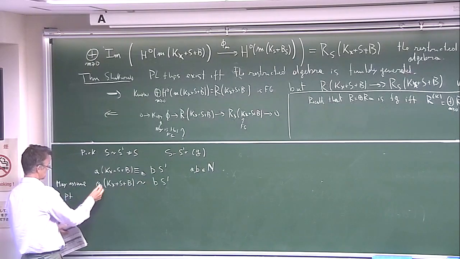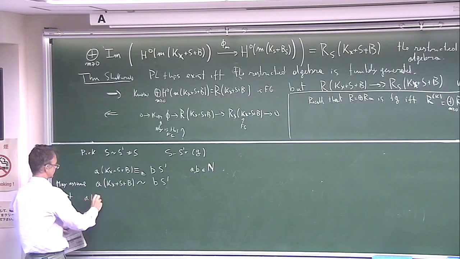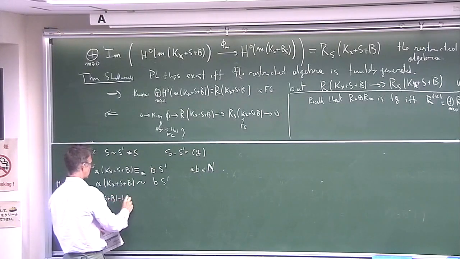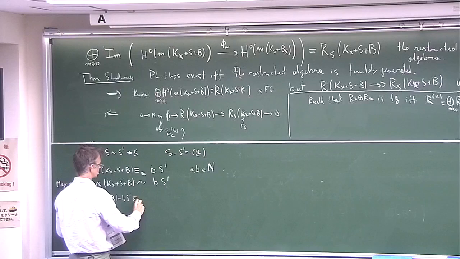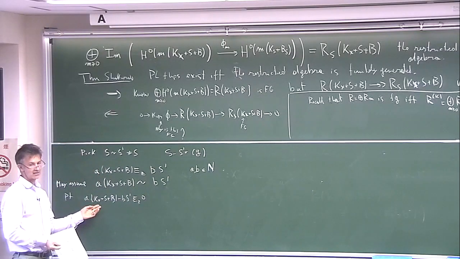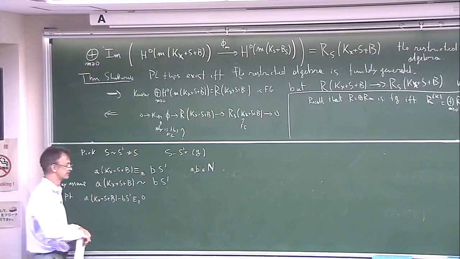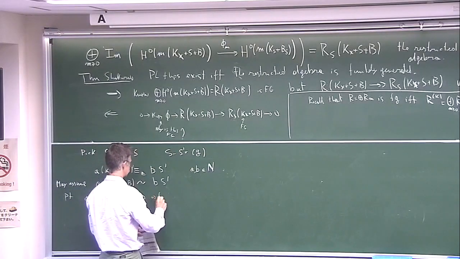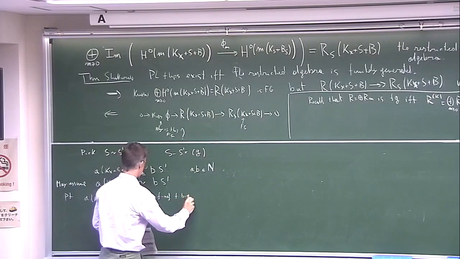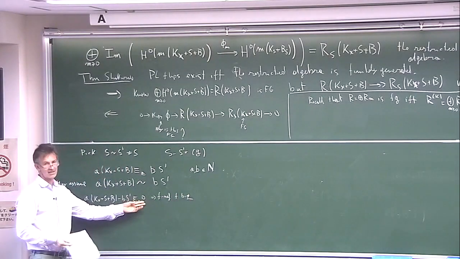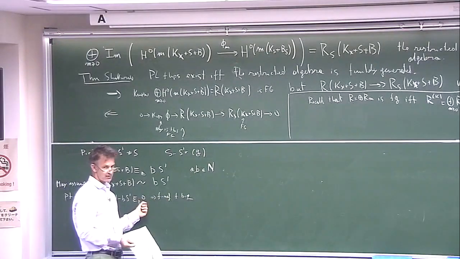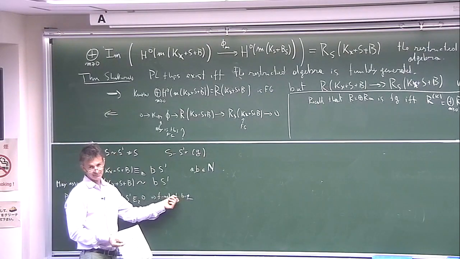Maybe I should have written it as A(K_X + S) plus B minus BS prime is numerically equivalent to 0. In particular, this is relatively nef and relatively big. The zero divisor is clearly nef by any measure, and the map is birational, so any divisor is big, even 0, right?